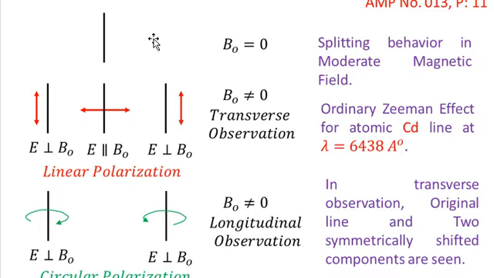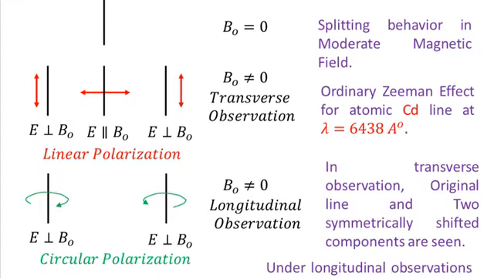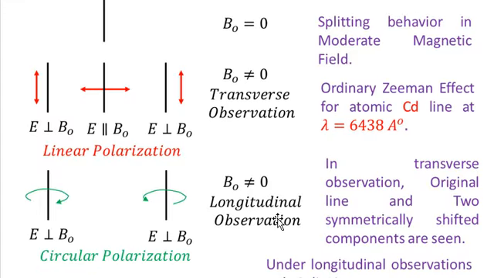That is, when the magnetic field was zero, you could observe a single component there, and this single component corresponds to a wavelength of 6,438 angstrom. Now, if you apply the magnetic field, there are two ways to carry out the measurement. One is the transverse observation, where you observe in a direction perpendicular to the applied magnetic field. The second option is the longitudinal observation, that is, observation in the direction parallel to the magnetic field.